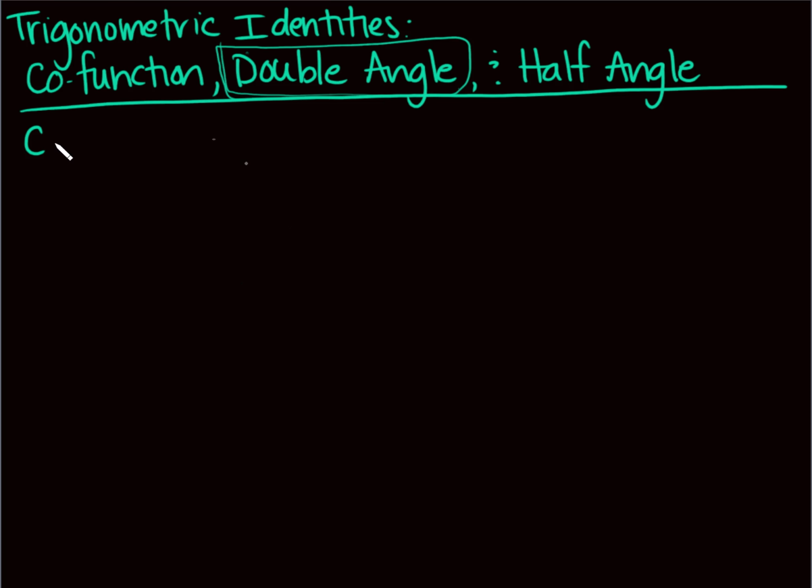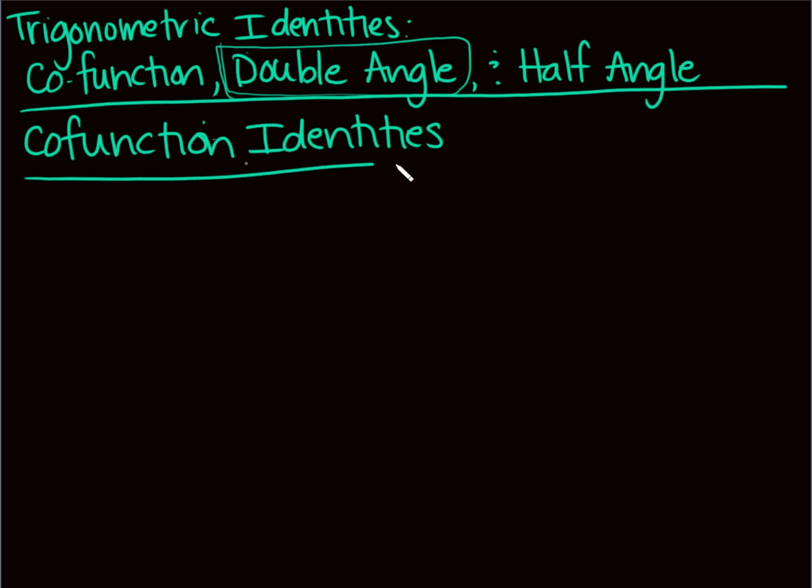So let's talk about first the cofunction identities. We've actually talked about these already, but we talked about them in a way that really only worked for when we were, remember when we first started out with trig, when we were brand new, and we were defining sine and cosine to be the ratios of sides of a right triangle.